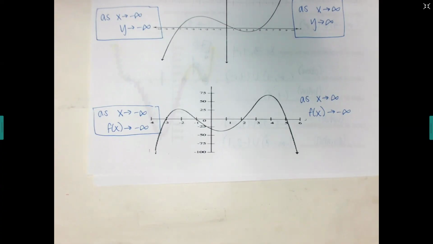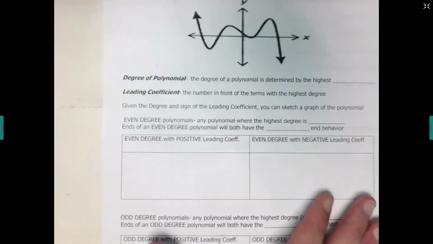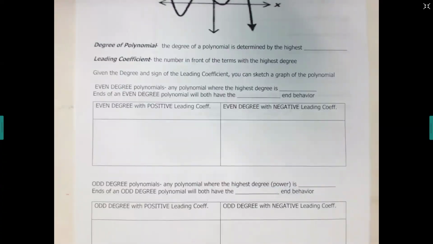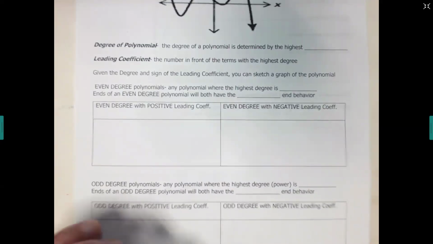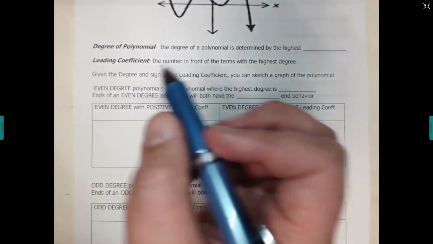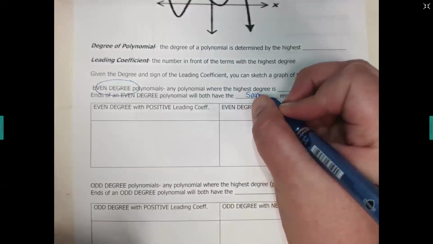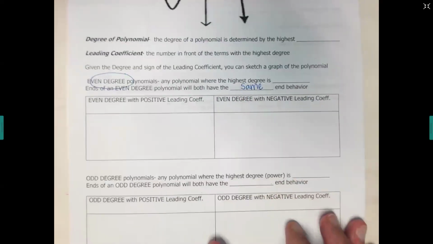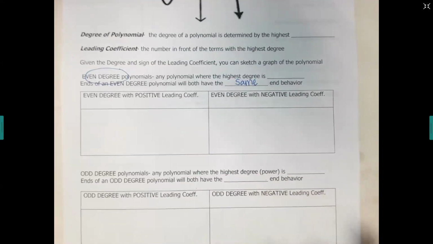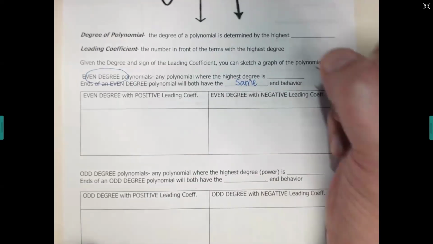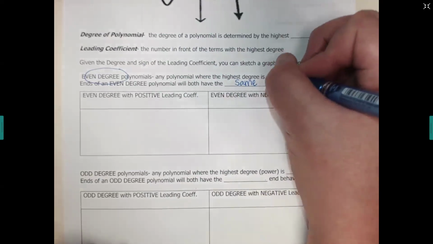Okay, the next thing that we're going to very briefly talk about, which we have already talked about before, is even versus odd. So if you remember, even polynomials are going to have the same end behavior. An even degree polynomial has a highest degree that is even.